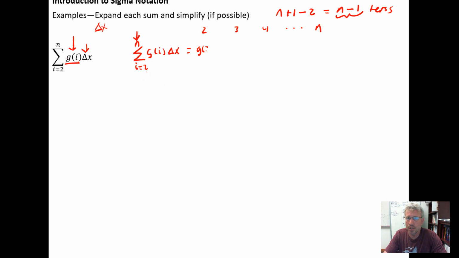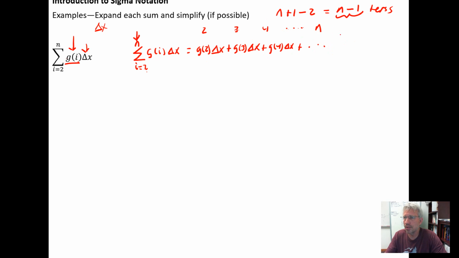So we're going to get g of 2. Whatever g is, we don't need to know that. g of 2 times delta x. And then we go plus. We increment 2 to 3. We get g of 3 times delta x plus we increment the 3 to get a 4. We get g evaluated at 4 times delta x plus dot, dot, dot.